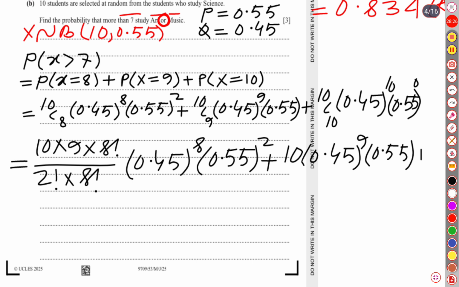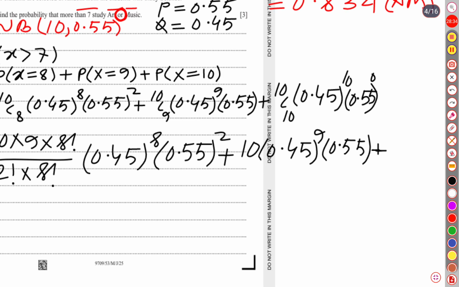Then if we choose all 10 people, from a total of 10 people, there is only one way. So it will be 1 and 0.45 raised to 0. This is also 1. That means there remains only 0.55 raised to 10.